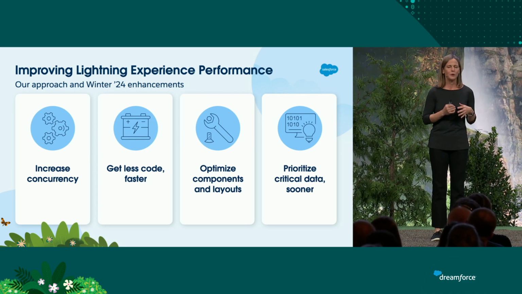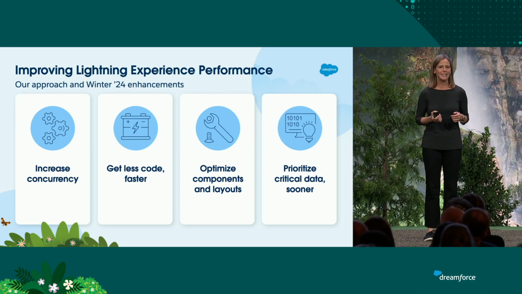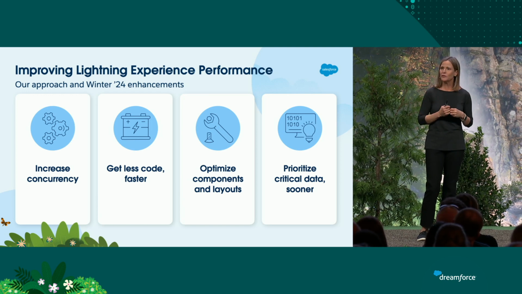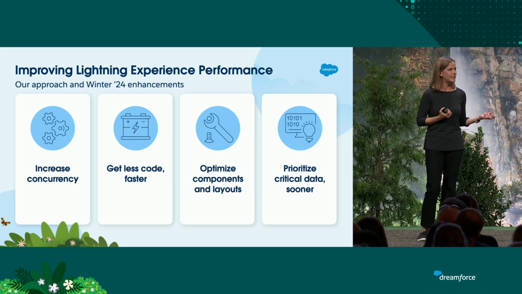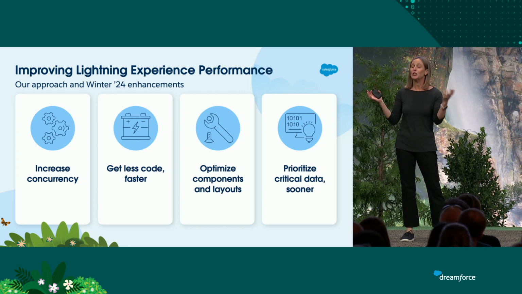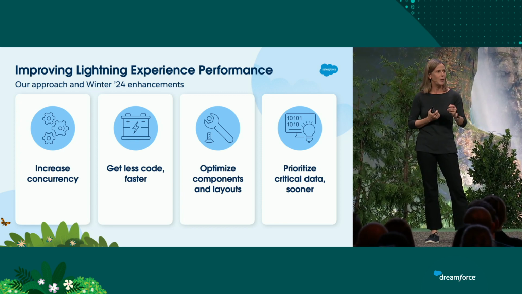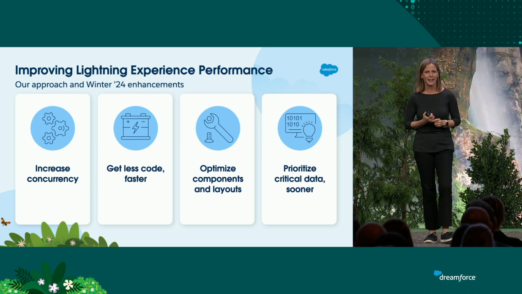So in Winter 24, a couple things that we've been doing behind the scenes. In the Get Less Code Faster, we actually removed code for Internet Explorer 11 because we deprecated that browser. So that means less code now, again, going down to the browser, and your pages are loading just a little bit faster.